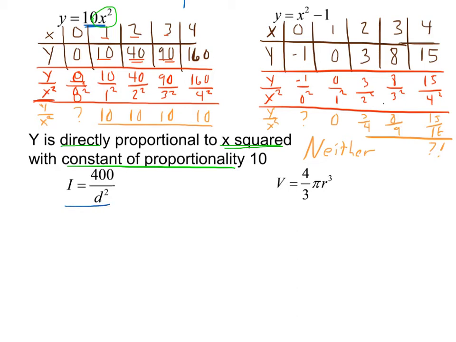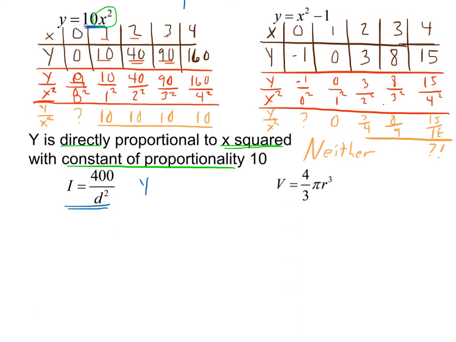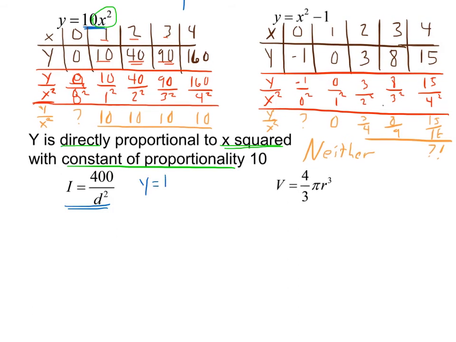Okay, looking down here, looking at this rule, I see that d is in the denominator, and this one has that nice structure of y equals k x to the r, where it's written down in the denominator, k over x to the r. In fact, I could even rewrite this one as y equals 400 d to the negative second.